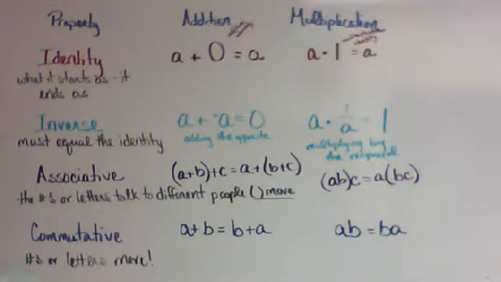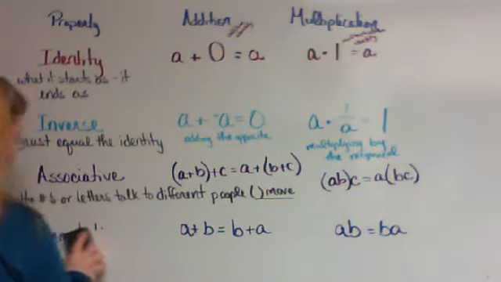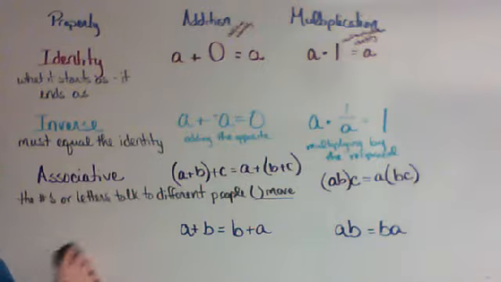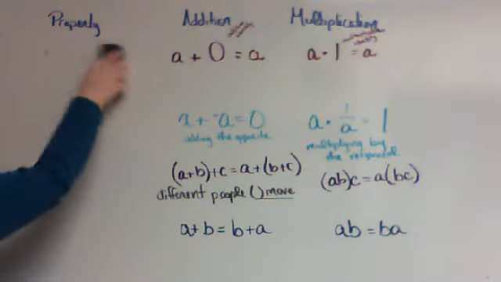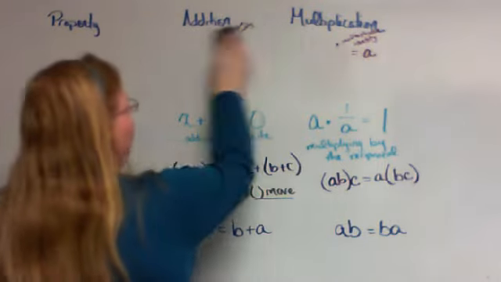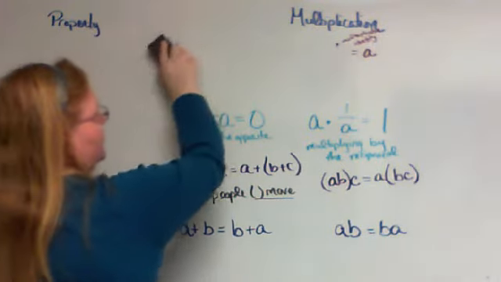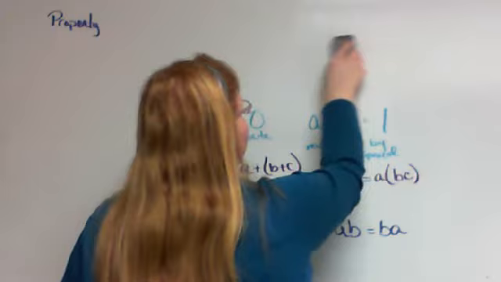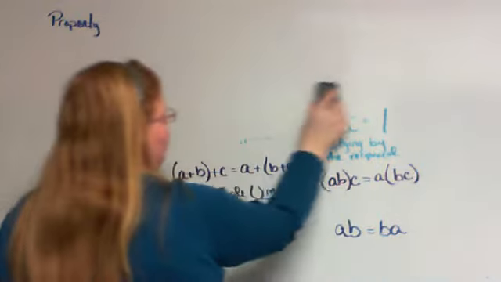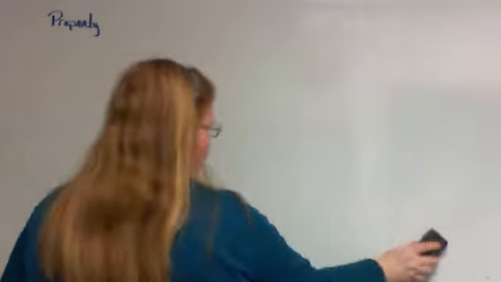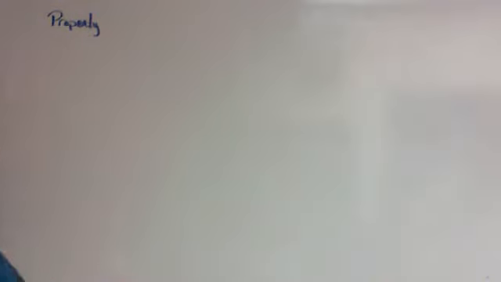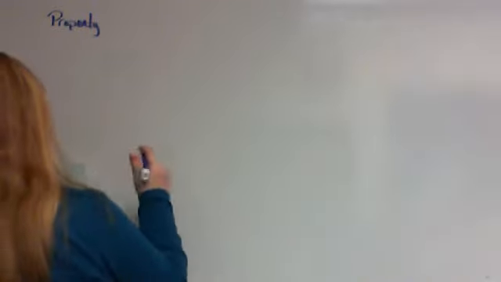Now, there are some other properties we need to talk about. They don't have a specification for addition and multiplication. So I don't break them down that way. We have some properties of equality.